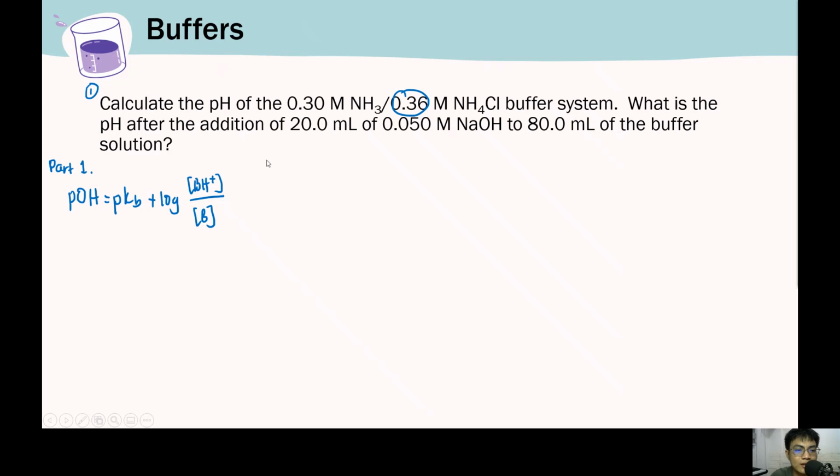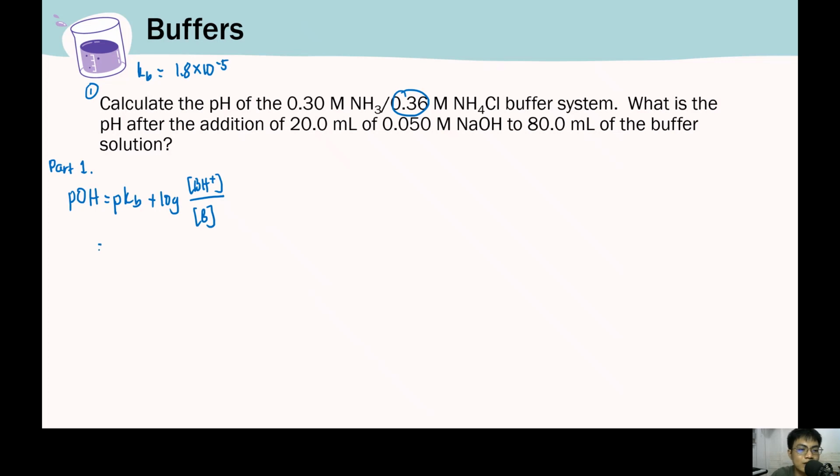Okay, so lagay natin. Okay, sorry for that. So dito ka na lang lagay. Sa Kb, 1.8 times 10 raised to negative 5.